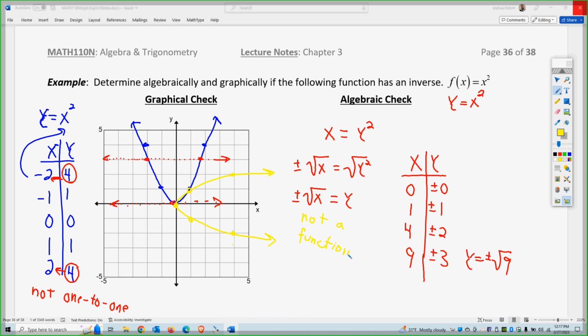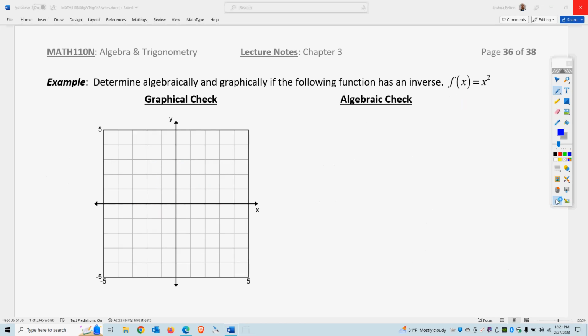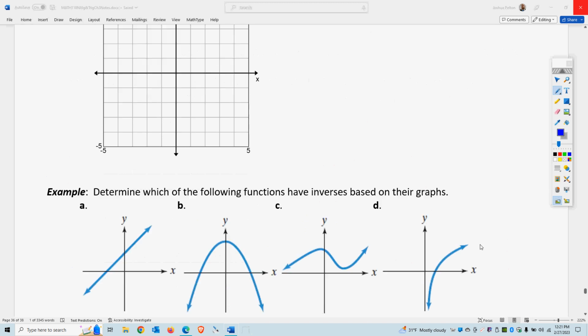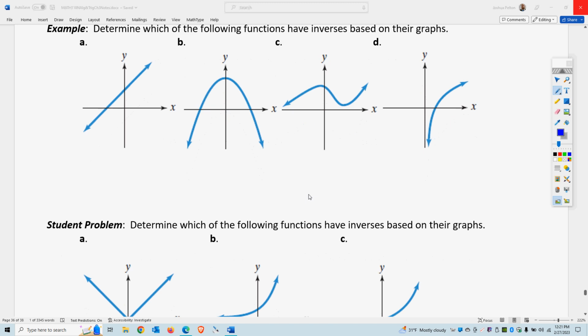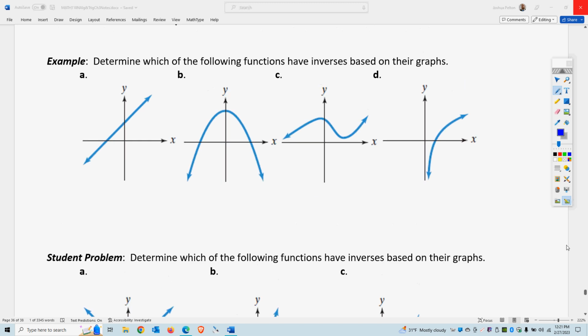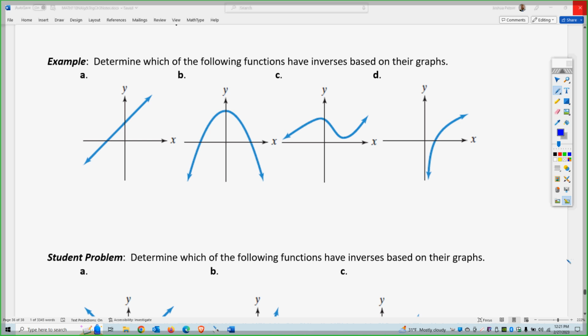Okay, let's go back to blue and look at the following graphs. Do the following have inverse functions? Does it pass the horizontal line test?